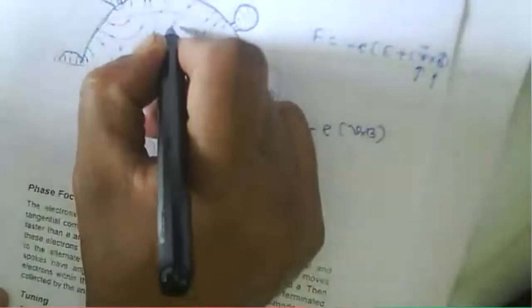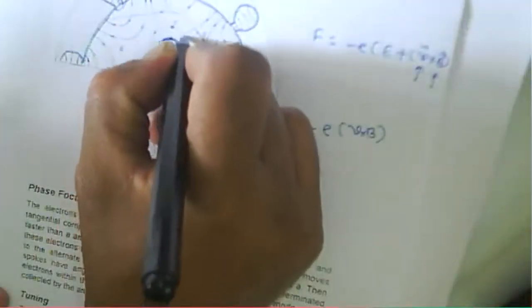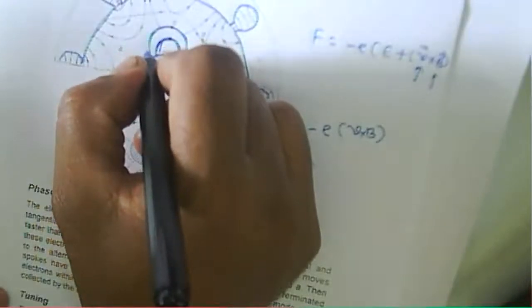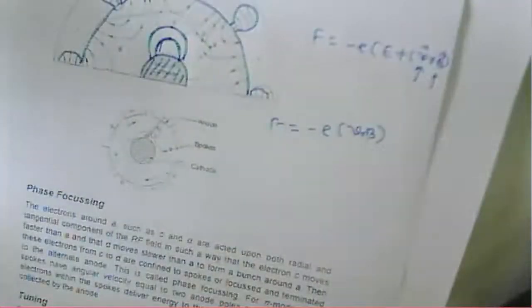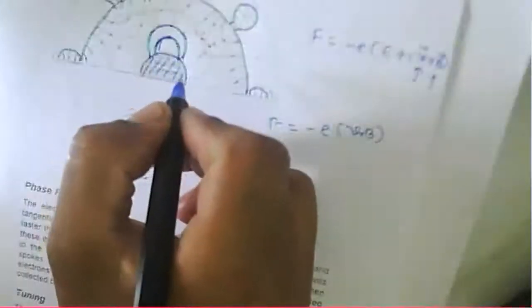Suppose this is our electron here; those accelerated in the RF field will move faster and return back to the cathode.